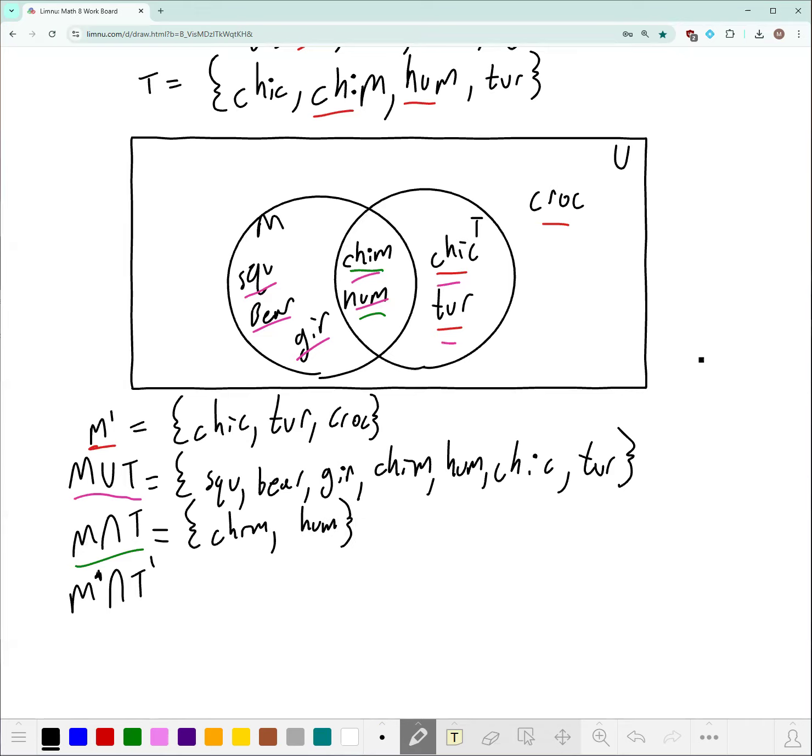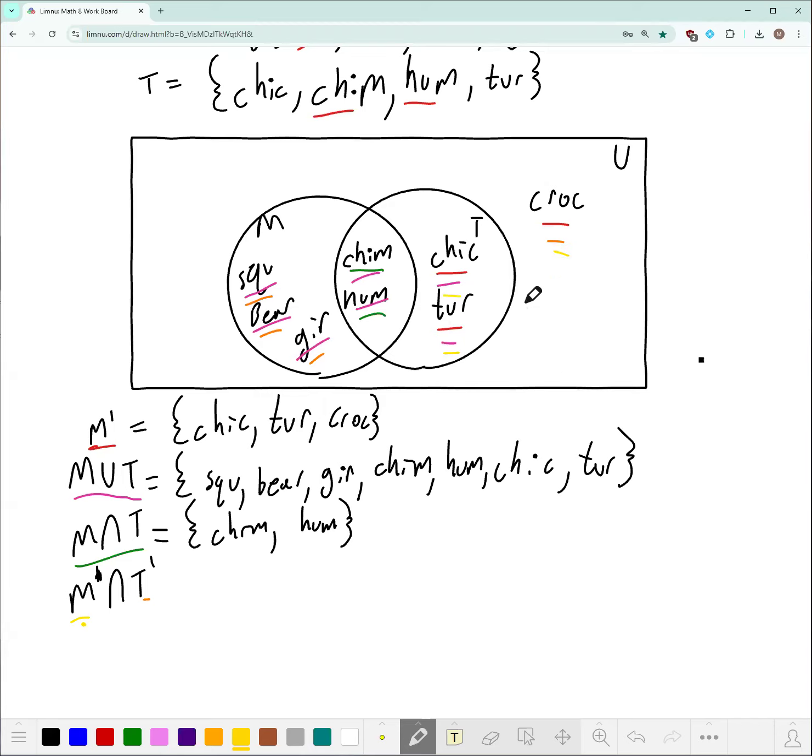And then finally, the intersection of our complements. So if I think about the complement of T, that is anything that's not in T. So that includes crocodiles, squirrels, bears, and giraffes, things that don't walk on 2 legs. However, I also need my complement of M. So that's anything that's not in M. So that's these 3 again.